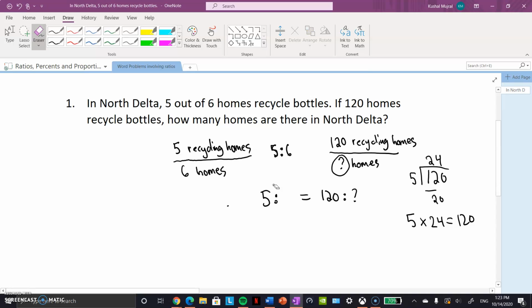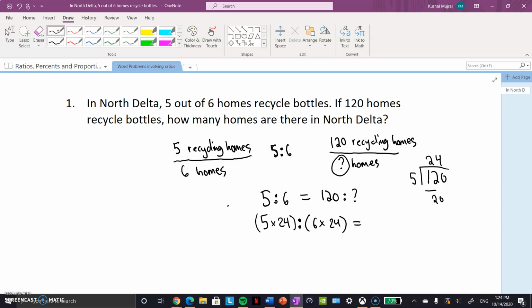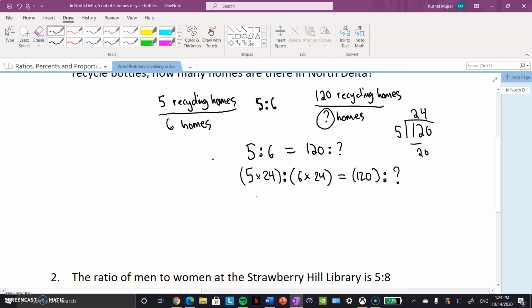So, if we were to multiply 5 by 24 and its ratio to 6 by 24 equals the ratio of, let me just erase this here so we have more space, the ratio of 120 to what we're looking for. Okay, so we know that 5 times 24 is 120.